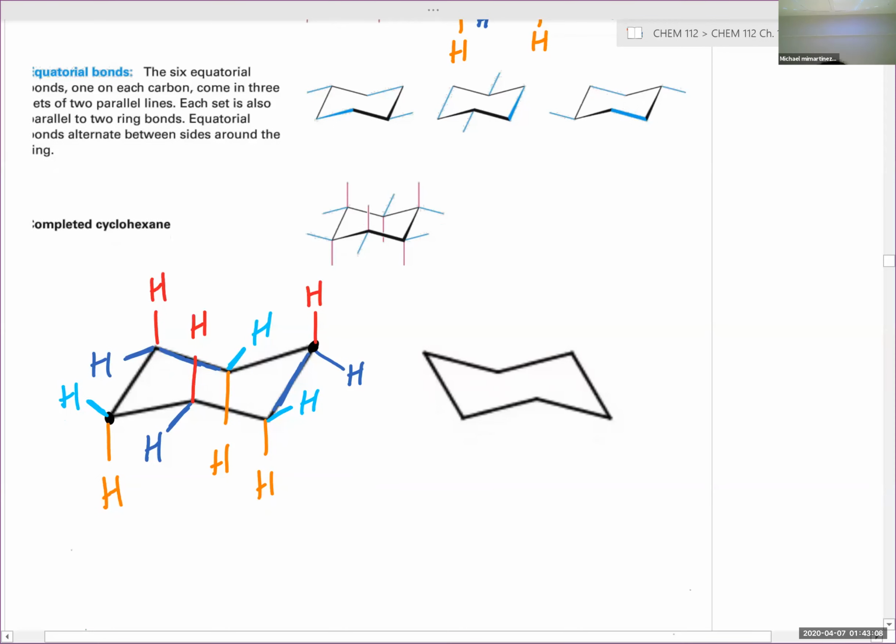Okay, I think in the sharing options, you can hit share and then share screen.